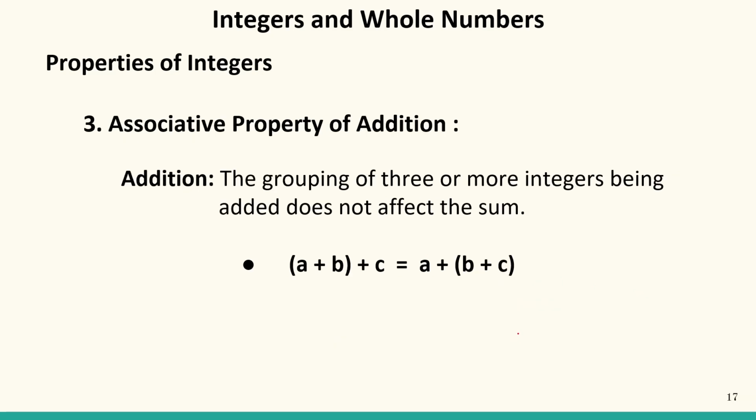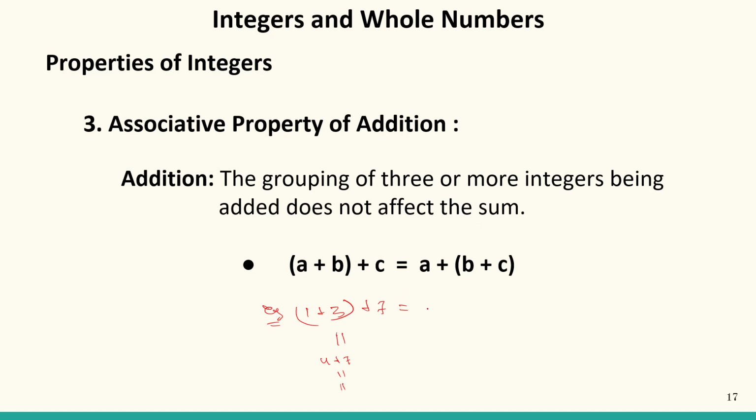Let's see the associative property of addition. The grouping of 3 or more integers being added does not affect the sum. For example, 1 plus 3 plus 7: 1 plus 3 is 4, plus 7 is 11.